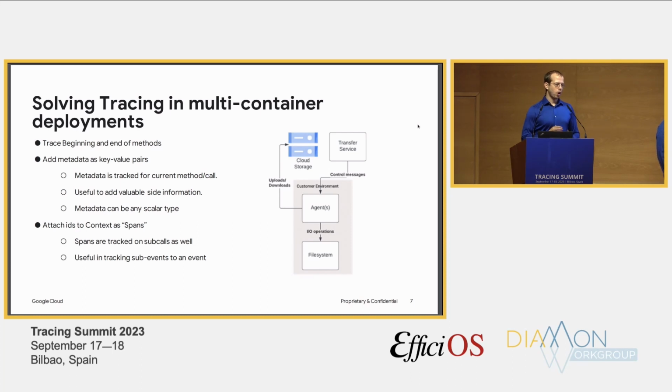Besides metadata on trace events, we have the ability to attach metadata to a Go context. This will make a little more sense when I get into a code example. But this metadata flows down and provides basically a span functionality. So this is really useful if you want to know, say, I'm transferring a particular file with a particular name.